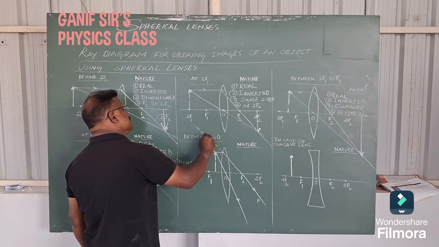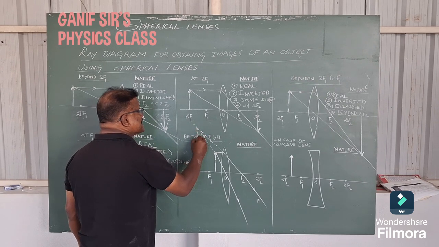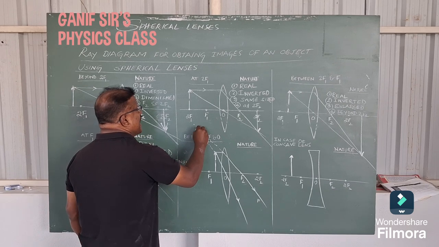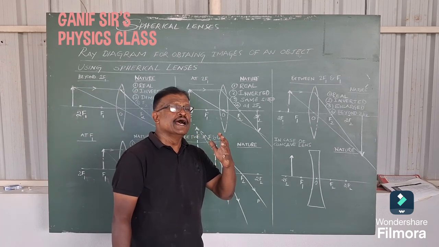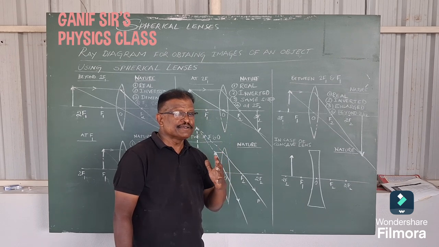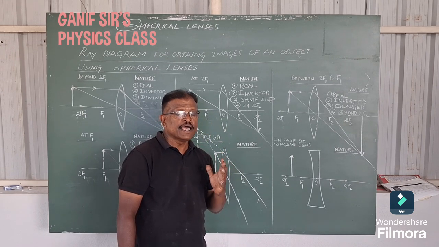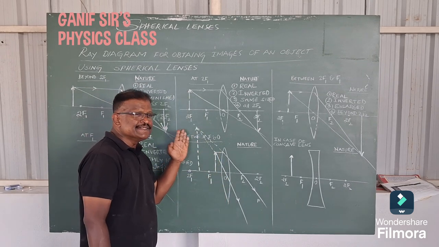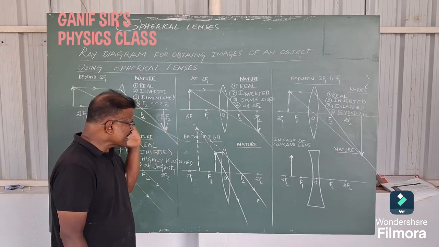It appears the image has been formed, and this formation of image is perceived by the human eye because the eye has a live screen called the retina. But anyway, you cannot obtain this image on any other physical screen.